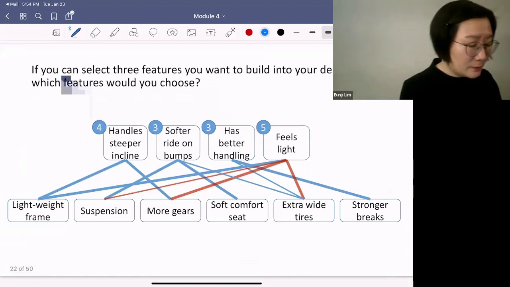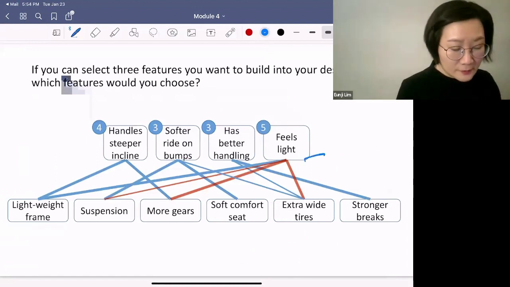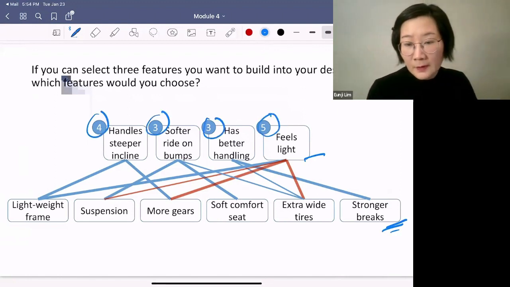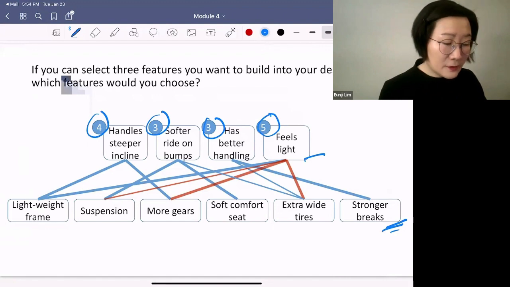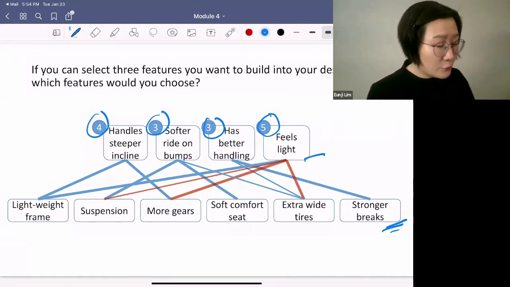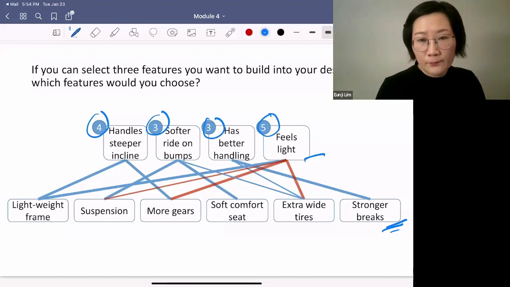Here we listed the benefits. Here we listed the features, and we have the importance ratings on top. Now, if you can select 3 features you want to build into a design, which features would you choose?